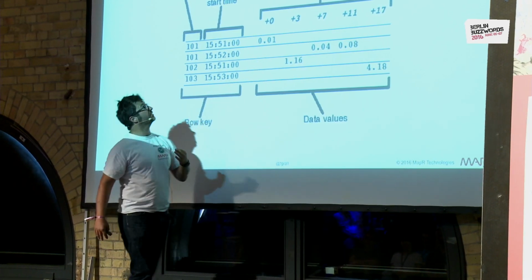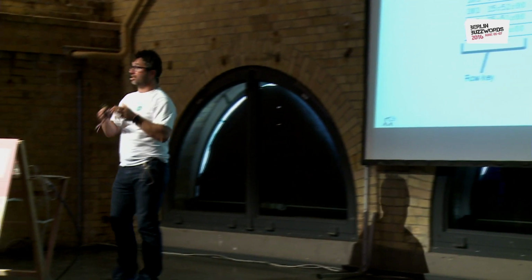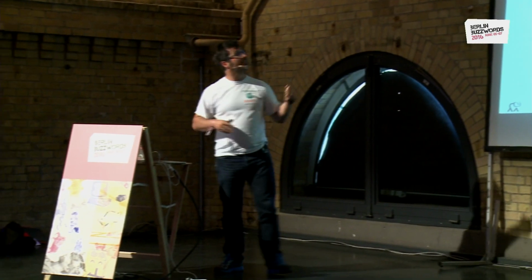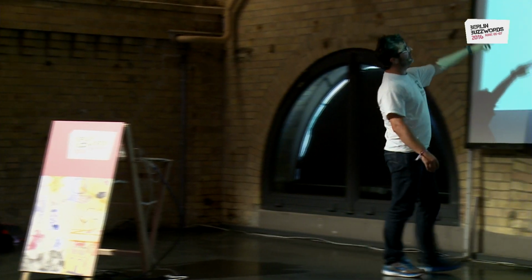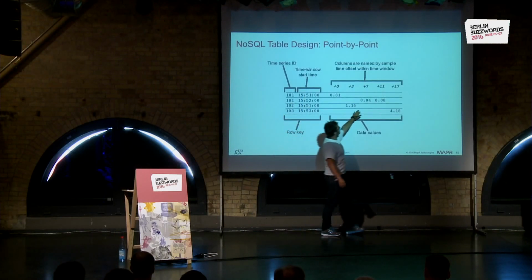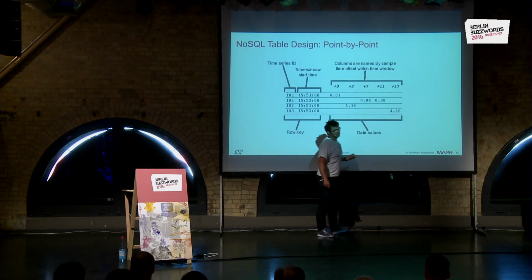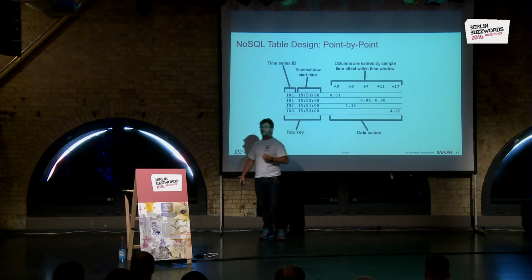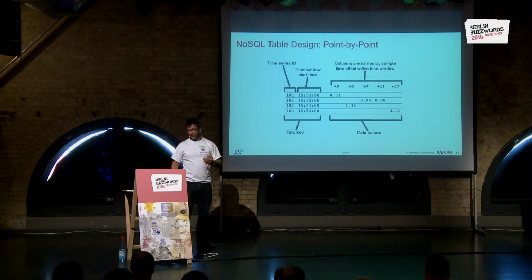So in this case, for 1 minute, we have a single row, and you can have many, many entries inside this specific row. And you see here we have the second row for 52 with 2 values, plus 7, so it was at 52.07, and 52.11, you have different values. A lot more efficient in terms of storage of the information.